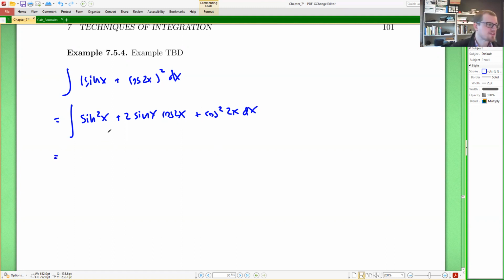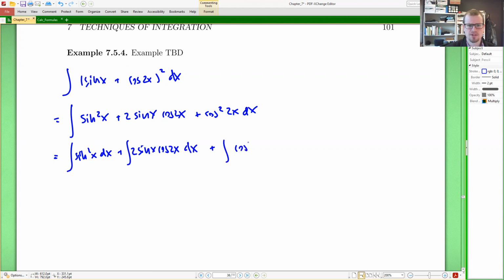Once you have this, we have a few nice things that we can do. The first one being, observe these as individual integrals. So the integral of sine squared x dx plus the integral of 2 sine x cosine 2x dx plus the integral of cosine squared 2x dx.